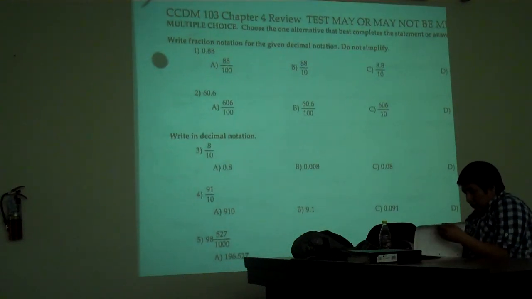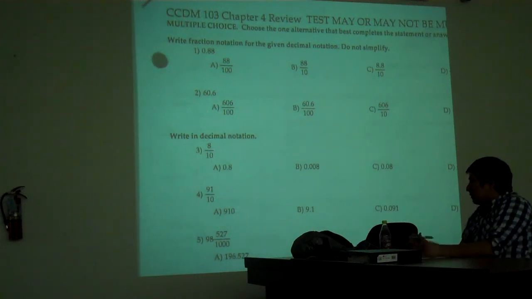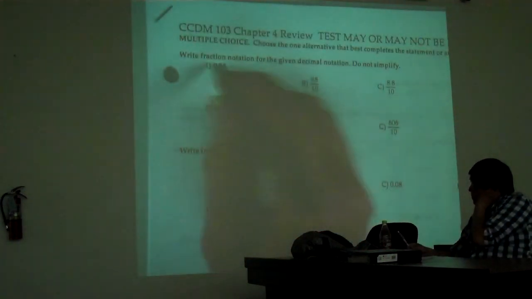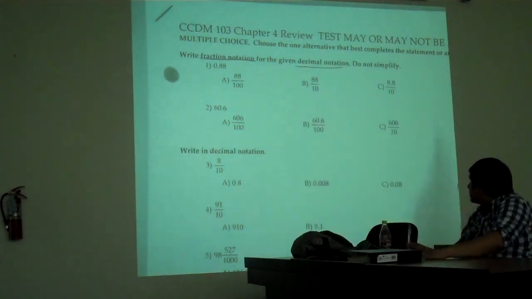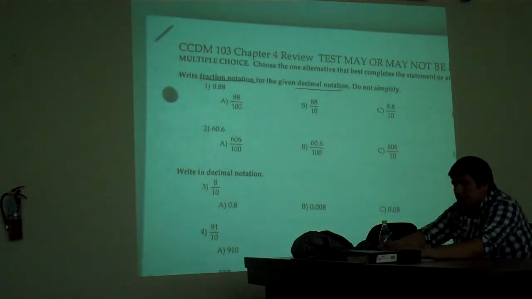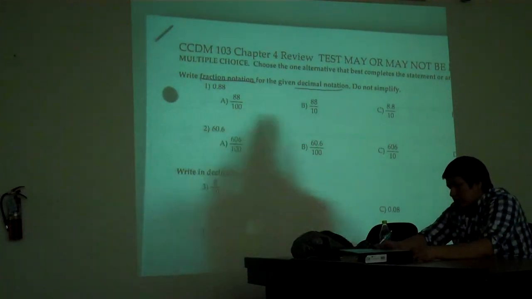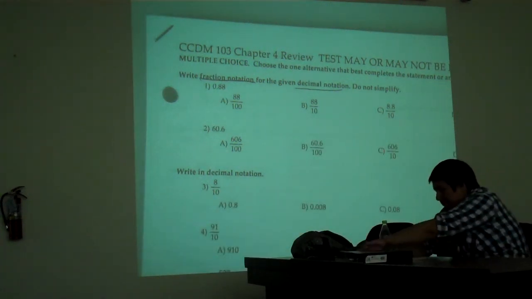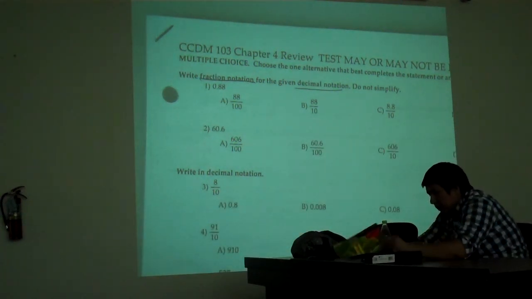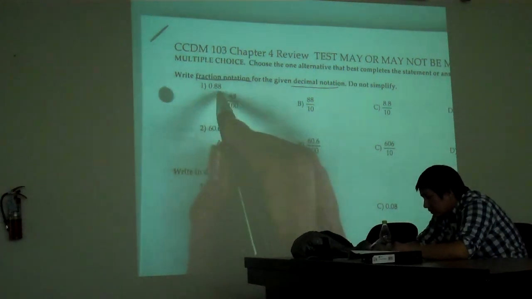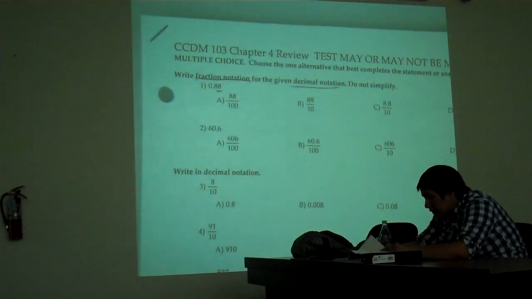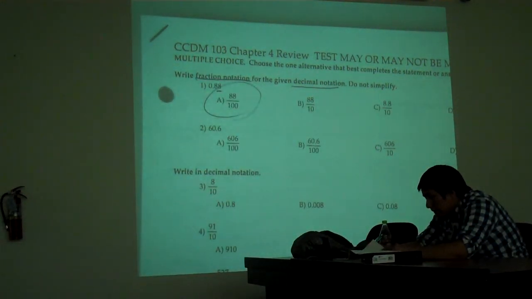Okay, these two, how do you change a fraction notation into decimal? From fraction to decimal. See how you have it over 100 or over 10? This would be 88 in your hundredths. The last digit is in your hundredths place, so it's 88 over 100.